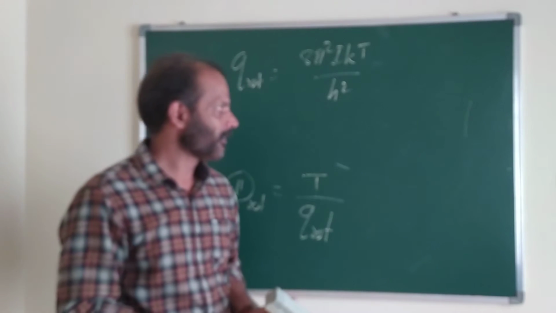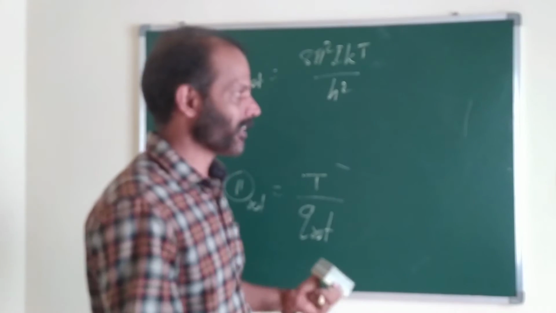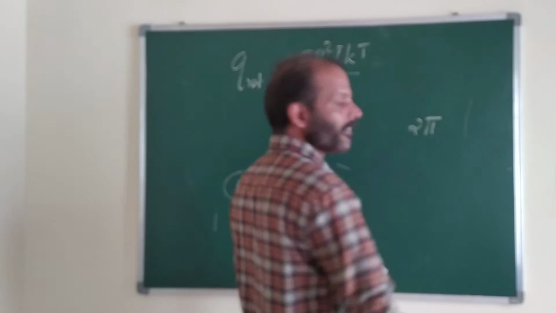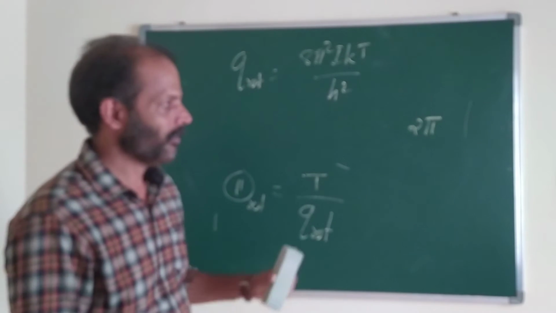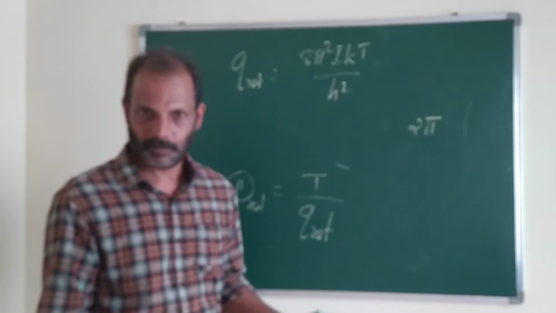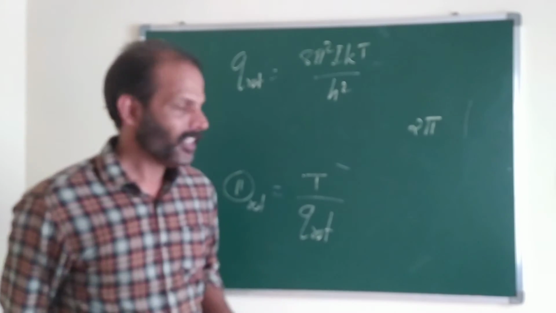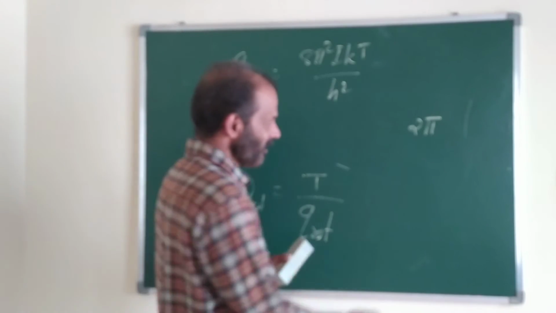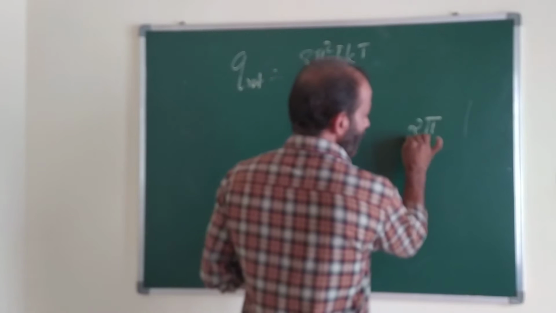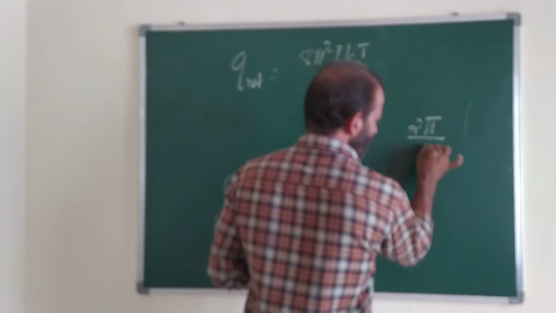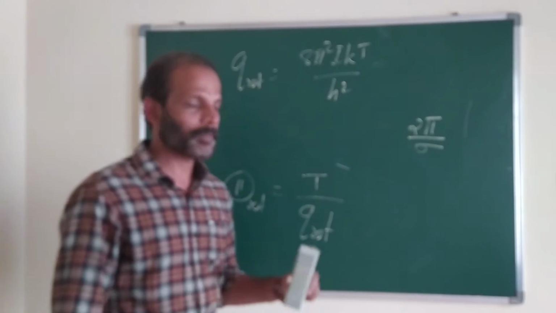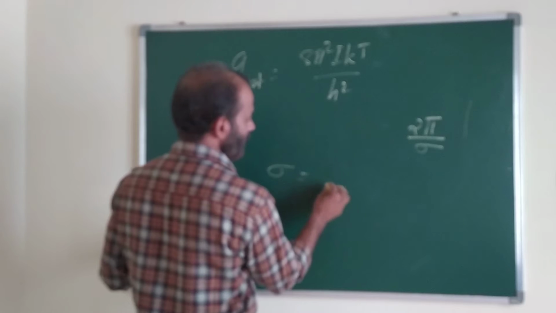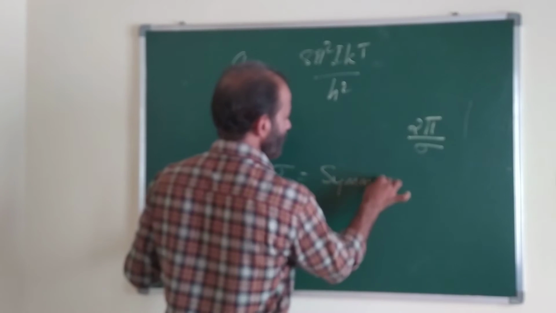We know we will get the same configuration of a molecule after a rotation by 2 pi radians. When the molecule rotates by 2 pi radians, we get the same appearance, the same configuration. Suppose the molecule has some elements of symmetry, then the same appearance will be obtained after rotation of 2 pi by sigma, where sigma is the symmetry number.